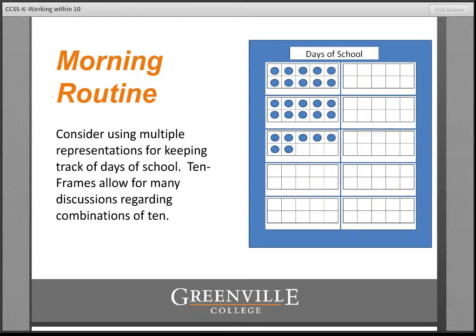And the children can then say, perhaps in a choral sentence frame, there are 7 loose straws. We need 3 more to make a bundle of 10. So there can be a couple of blanks there, and the kids can construct each day until it becomes quite familiar to them to think of, I have this many loose ones and this many, and pretty soon I can make a group of 10.